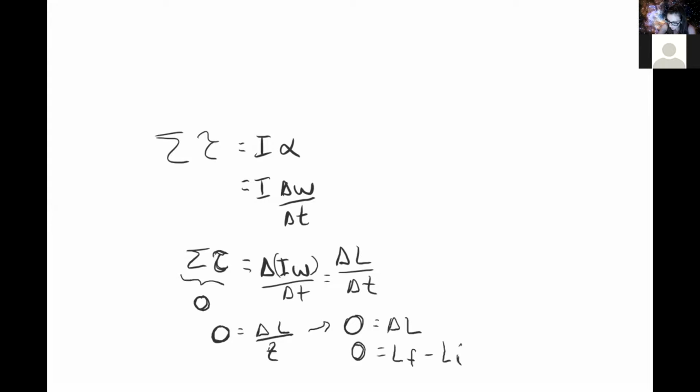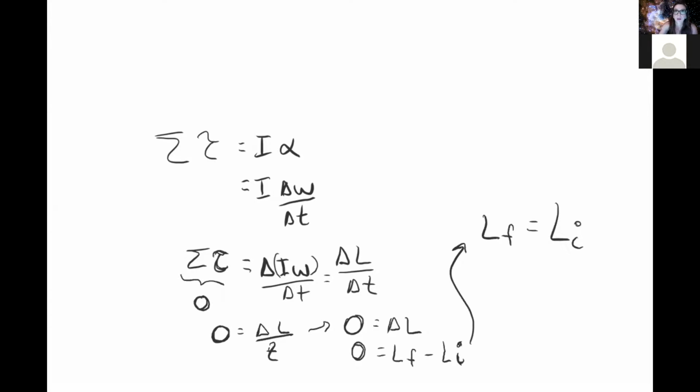So what this boils down to is that if we have no external torques acting on our system, and the system is, let's say, expanding or spinning, we can say that the final angular momentum of our system is equal to the initial angular momentum of our system.